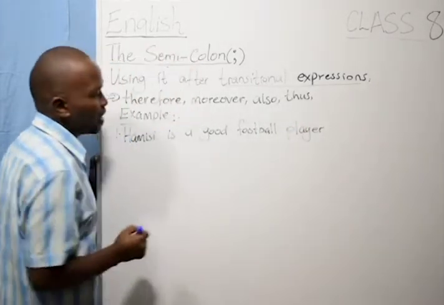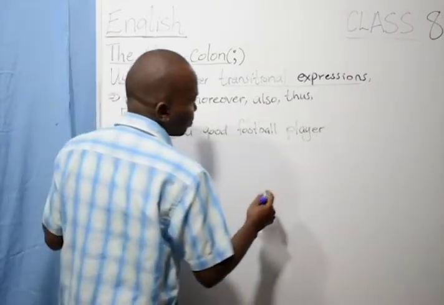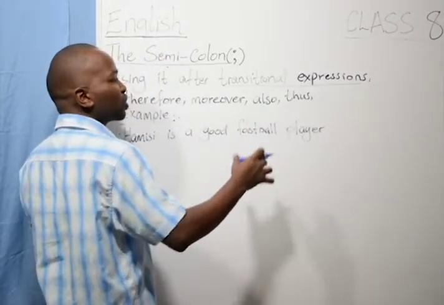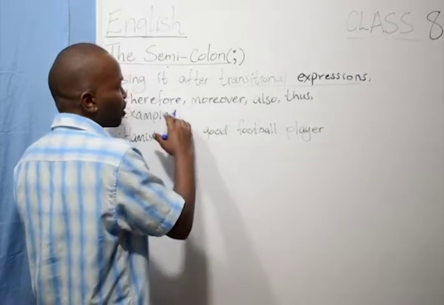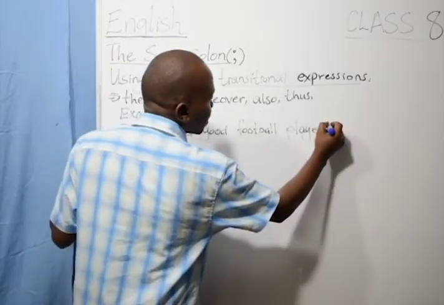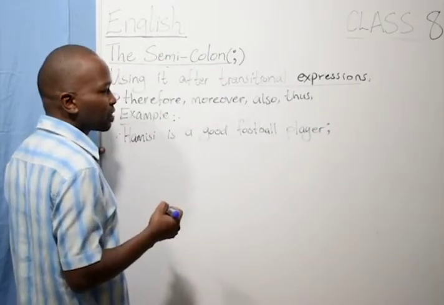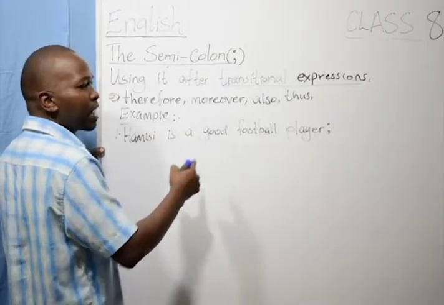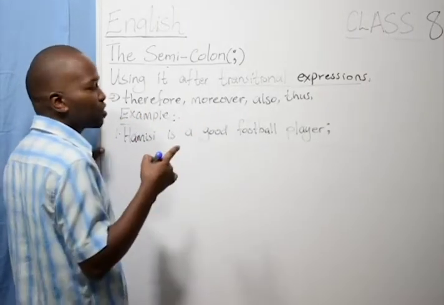So now we already have up to that part of the sentence. Now, if you want to add some more information using a transitional expression, you put a semicolon before it. Then you add the transitional expression that you want to use.